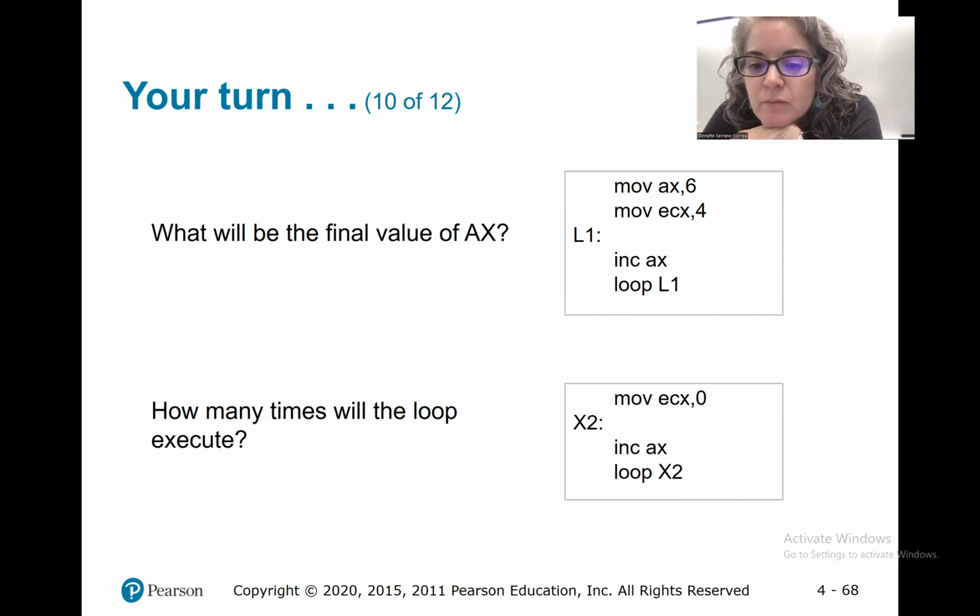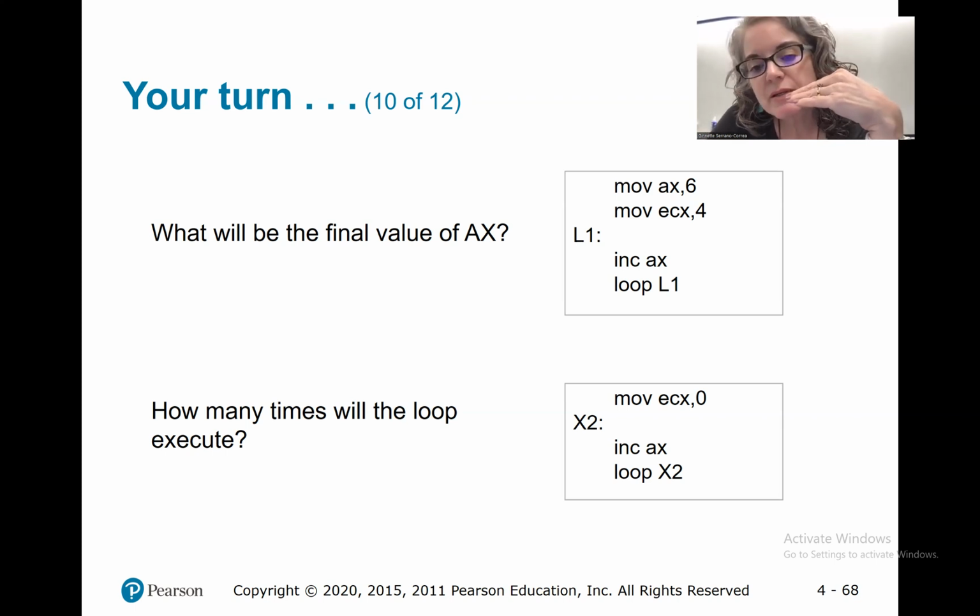So here we're moving 0 to ECX. So remember, we go into this, we increase AX, then here, before it checks to see if it's equal to 0 or not, it decreases.